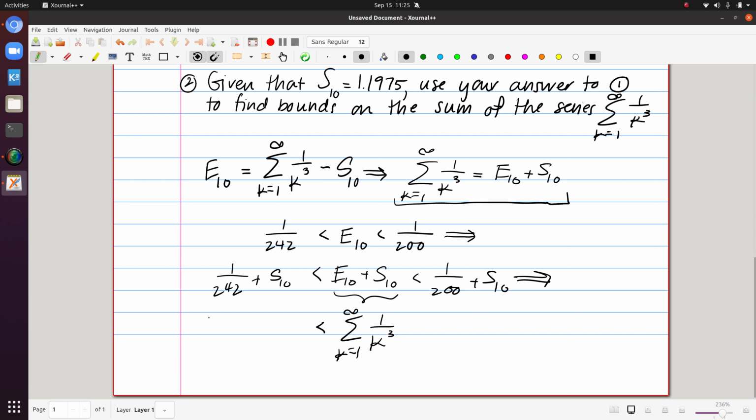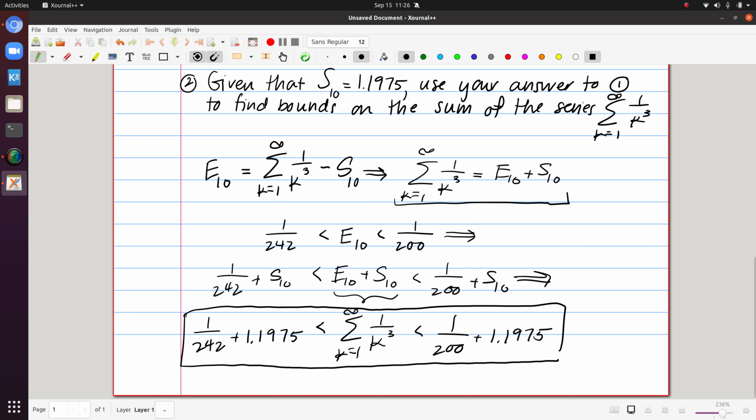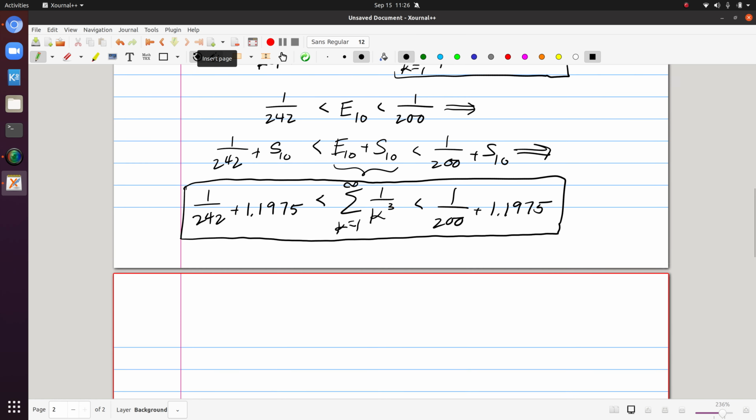We're saying that it's bounded below by 1 over 242 plus 1.1975 and above by 1 over 200 plus 1.1975. So that would, again, give us an interval of values where we would know that the true sum of the series would fall somewhere within that interval.